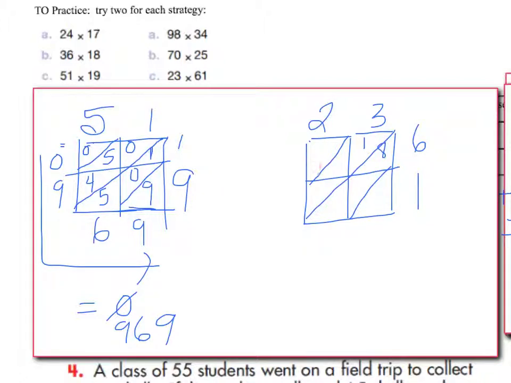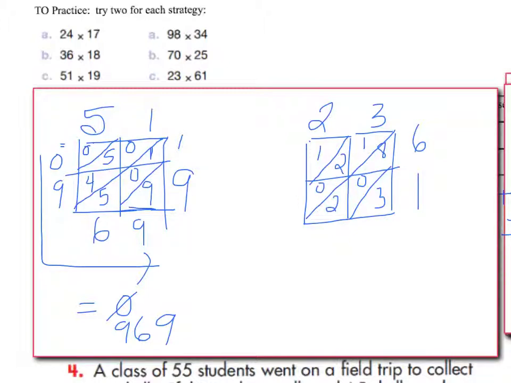Our next box here, and it does not matter what order you do them in at all. It's entirely up to you. 2 times 6 is 12, 1 and 2. And here we have 3 times 1, which is just 3, 0 and 3. 2 times 1, which is just 2, 0 and 2.